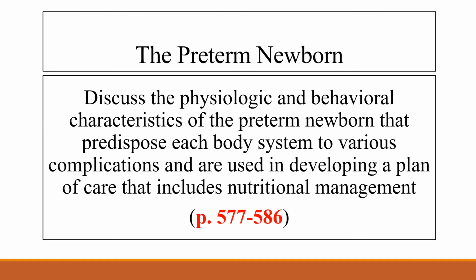So, the preterm newborn. We want to discuss the physiologic and behavioral characteristics of the newborn and the things that predispose them to complications when we're developing a plan of care. First of all, we have to determine what we are identifying as a preterm newborn.